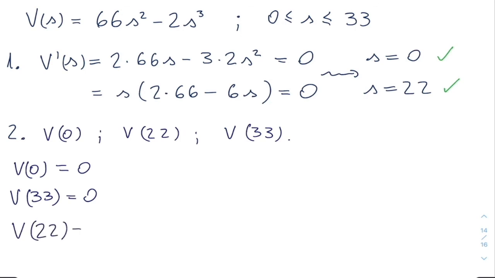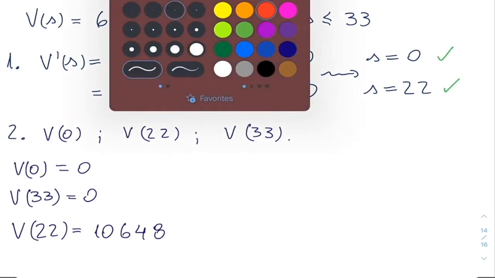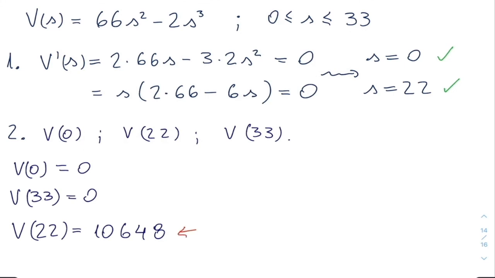And V of 22 will be equal to 10,648. So this is the absolute maximum.